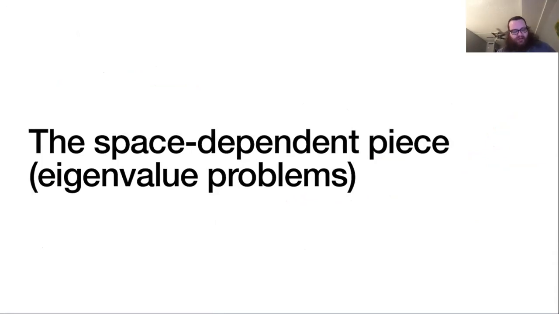These kinds of problems show up a lot, so much so that they have a specific name, usually called eigenvalue problems. The connection to linear algebra isn't a coincidence. It's very much the same sort of behavior where you're applying an operator and you want to look for vectors that are essentially unchanged by this operator.